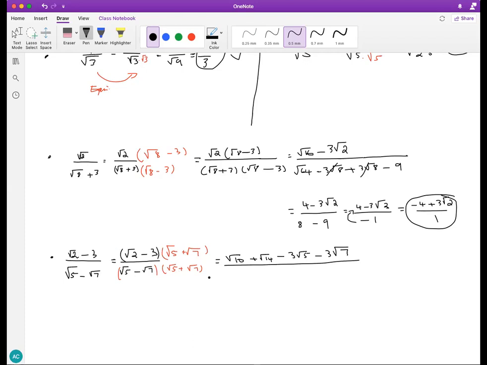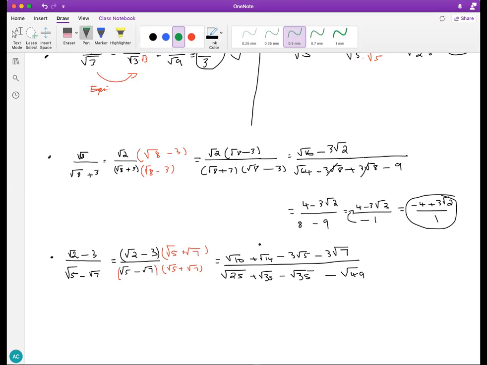So radical 5 times radical 5, that's radical 25. And radical 5 times radical 7, that's positive radical 35. Then negative times a positive will be a negative, also 35, 7 times 5. Finally, negative times a positive, it's negative. 7 times 7, that'll be 49, radical 49.